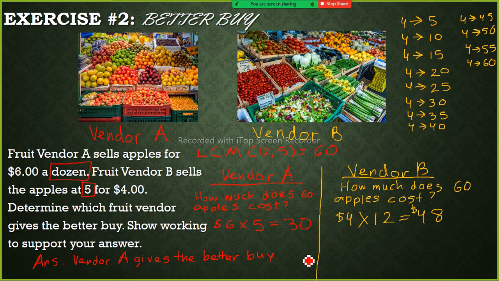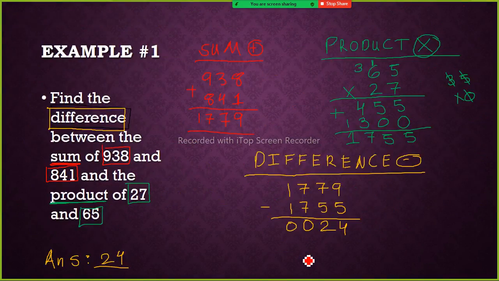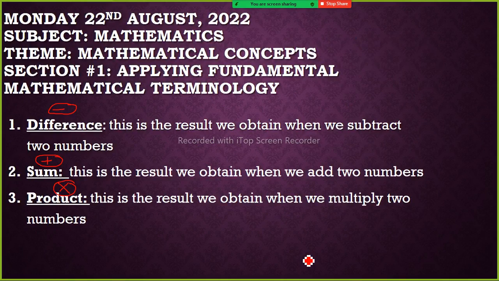All right, so that brings us to the end. What we were able to do today, which I'm pleased of, we were able to look at fundamental mathematical terminology. Just a quick review on what we did today.